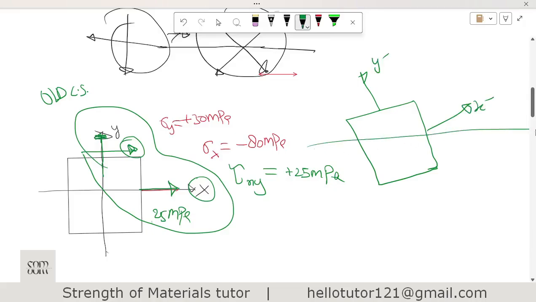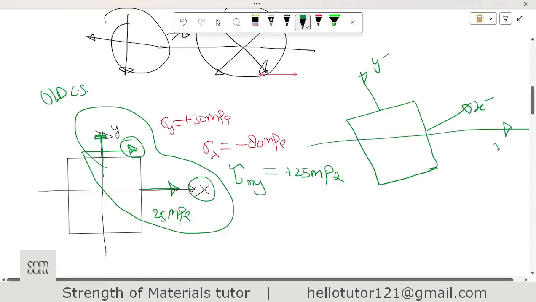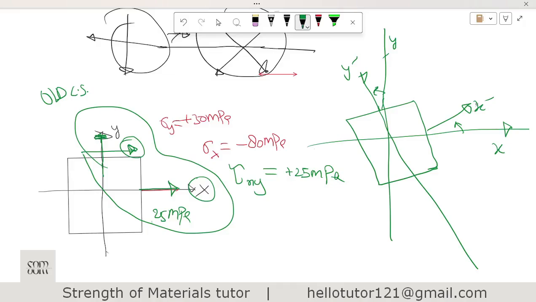Because here it was the x-axis, you rotated it, and this was the y-axis, and you rotated it, and you got this. Because this was the y-axis, this one is y prime, because of the rotation of the y-axis. Now why is this x prime? It is because we got this from the rotation of the x-axis.